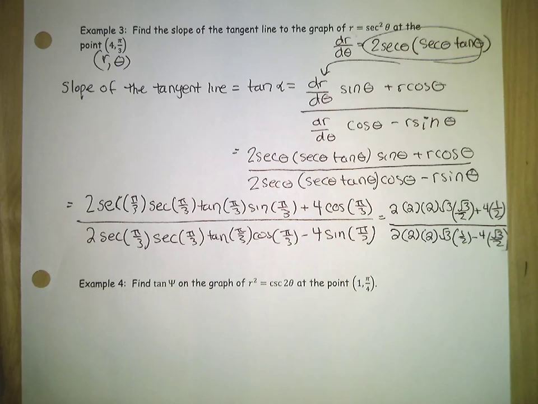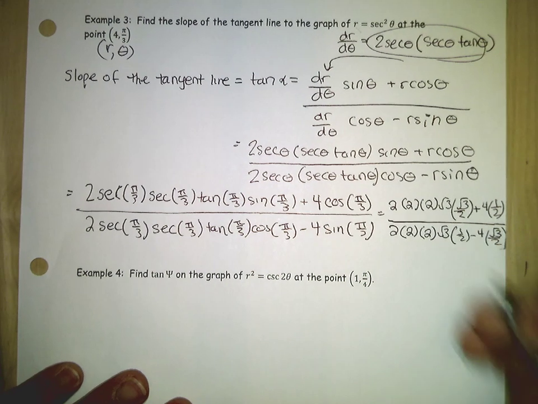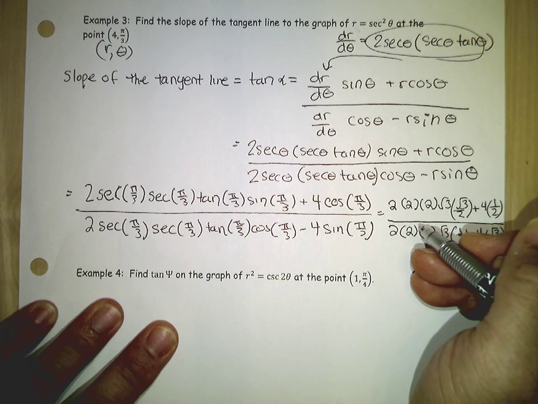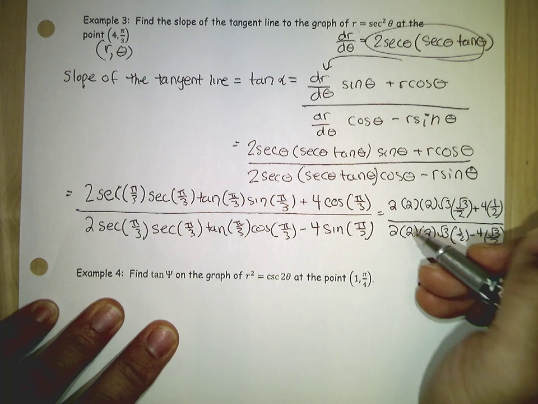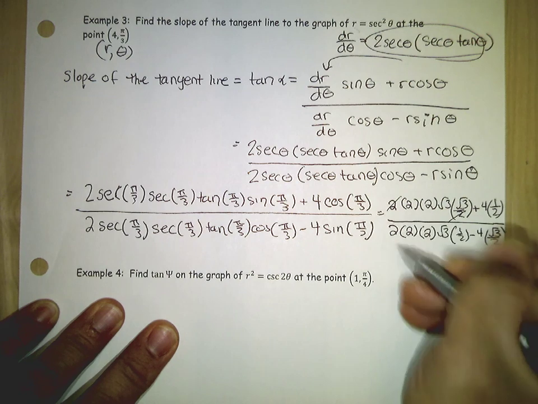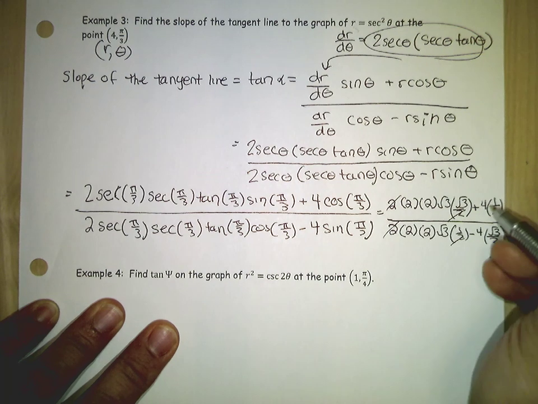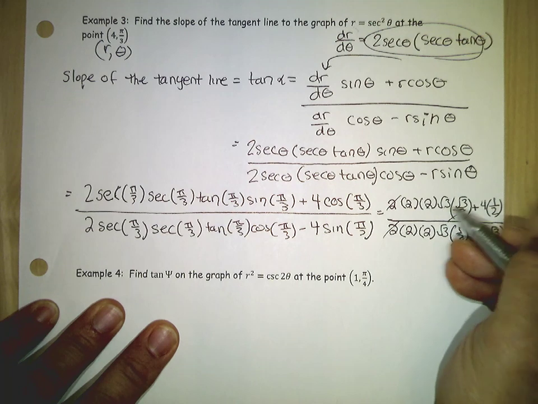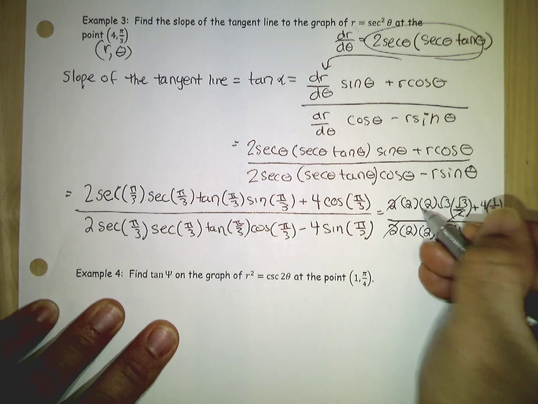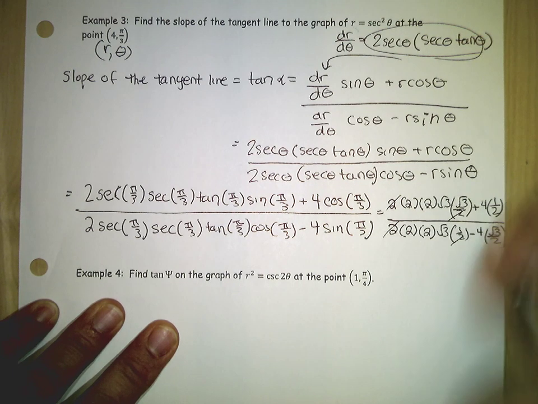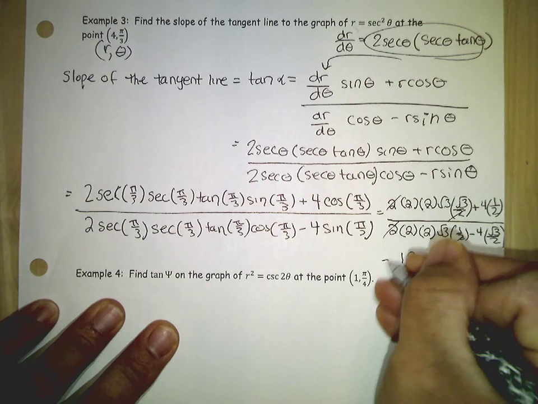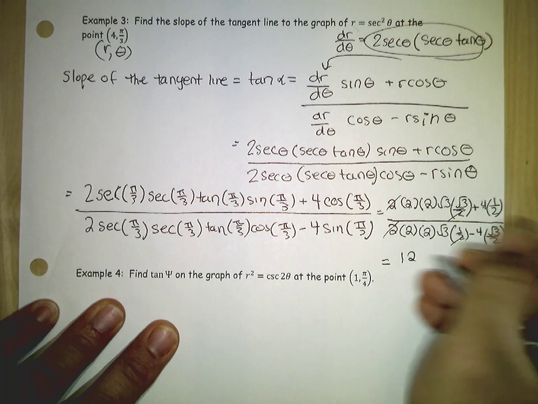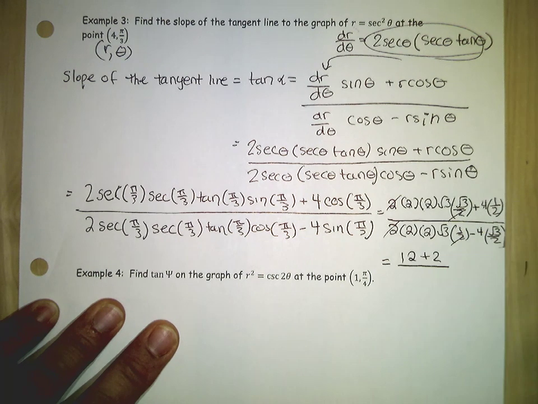And then go ahead and simplify all of this. So here, it looks like I can divide out a 2, divide out a 2, and then we have 2 times root 3 times root 3, that 2 times 3, that ends up being 12, and 4 times a half is 2, so 12 plus 2.